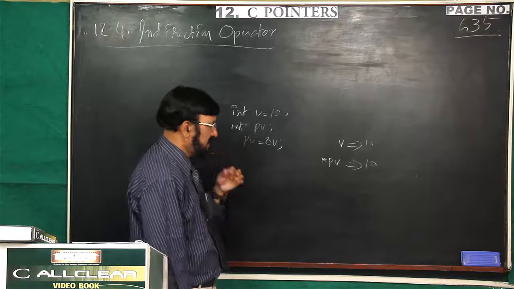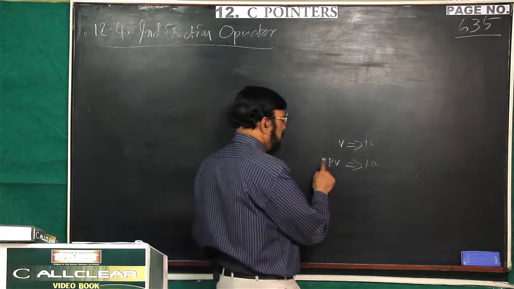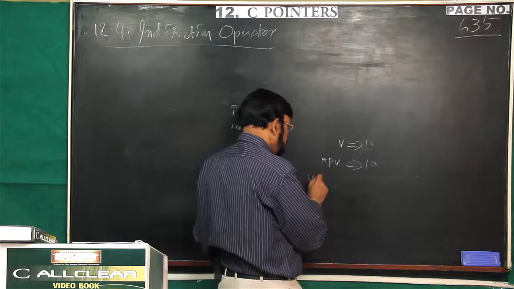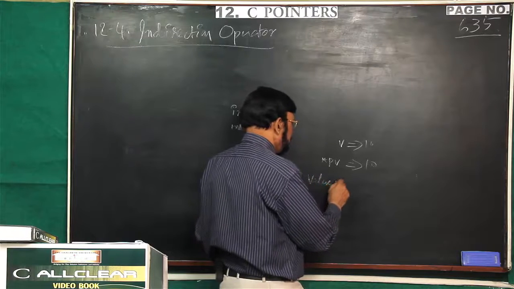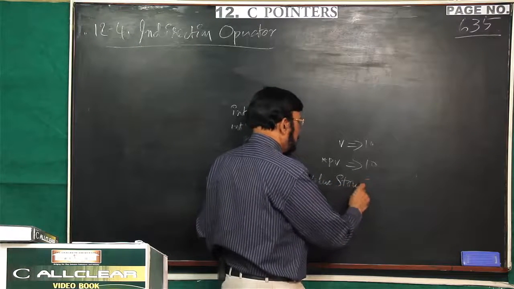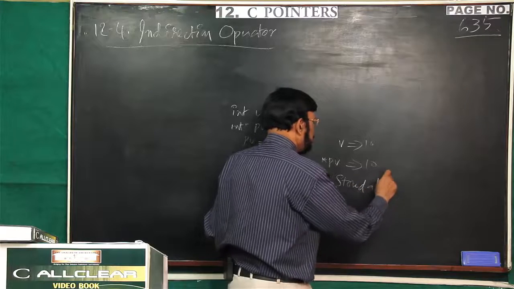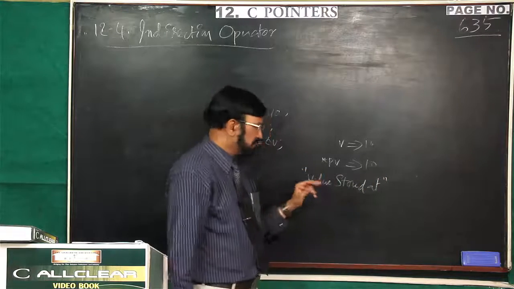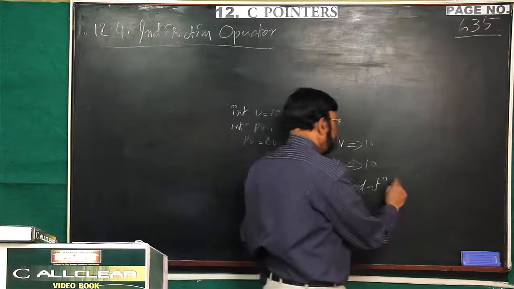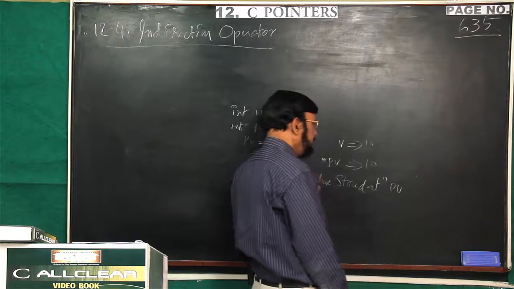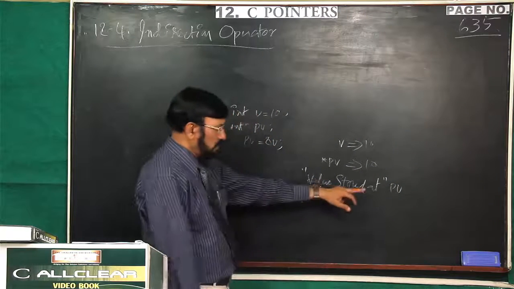You must understand. Wherever star is there, just substitute this phrase: value stored at. This is the phrase you apply, and pv is the address. Value stored at pv.